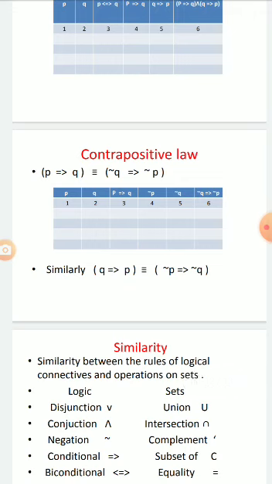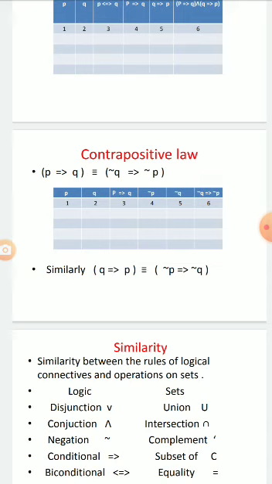Then contrapositive laws. This part is not taught yet. P implies Q is the given statement. The statement on the right hand side is called the contrapositive statement, and the one below the table is called the inverse, and that is the converse.